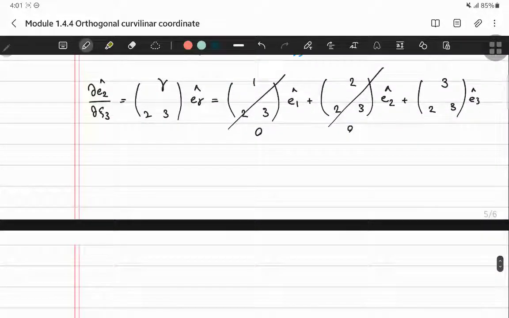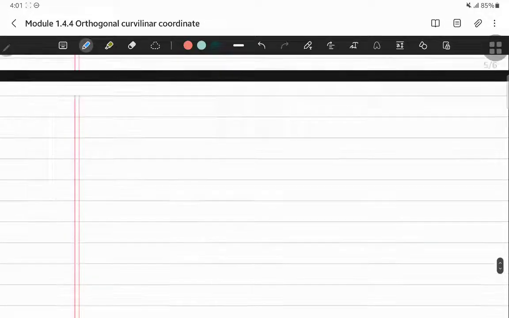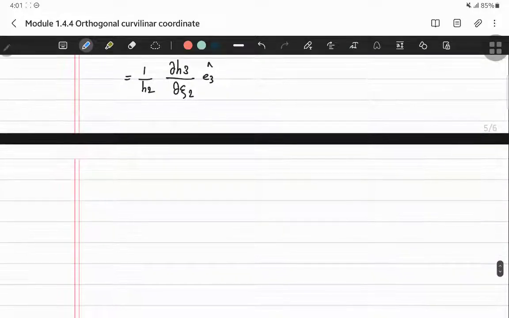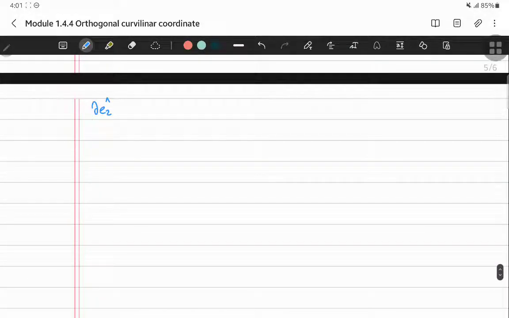The only case is this one, which is equal to 1 divided by h2, partial derivative of h3 with respect to z2, e3. This is 2, 3. So we have e2, z1. This is gamma 2, 1, e gamma.